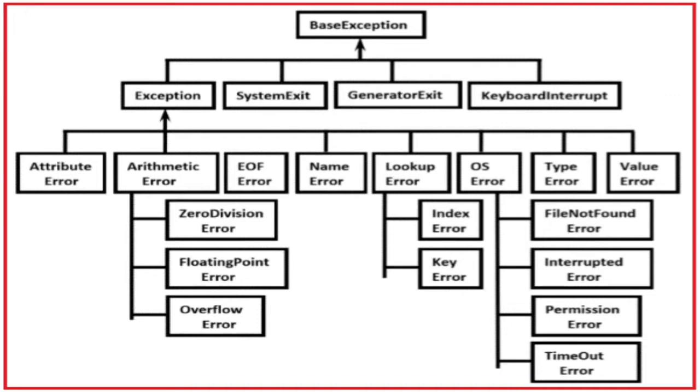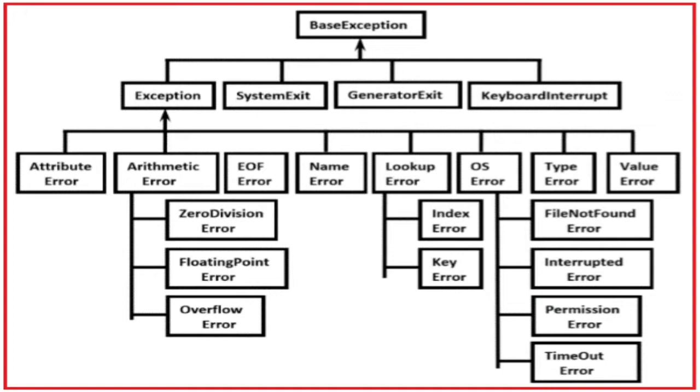Then it will look for the handling code, the code that we write in the except block. If there is an exception, then the object is created. The next step is to look up the handling code. If that handling code is there, then it is okay and that particular handling code will be executed. Otherwise, the program will get terminated and there will be a traceback on your screen. That is how exception handling works in Python.